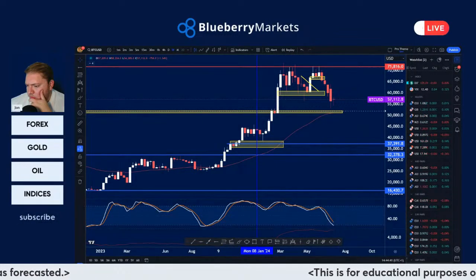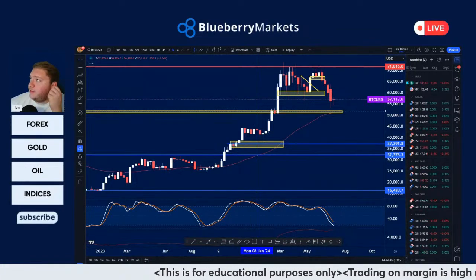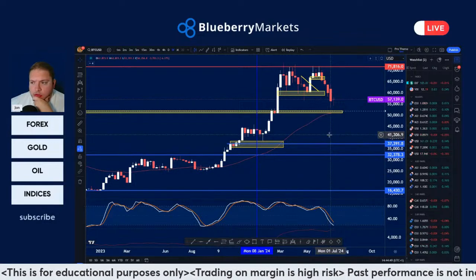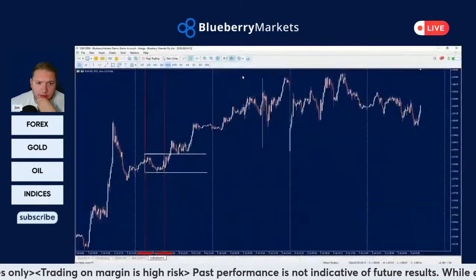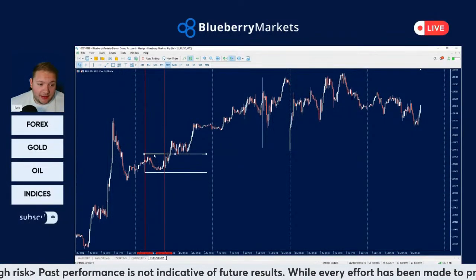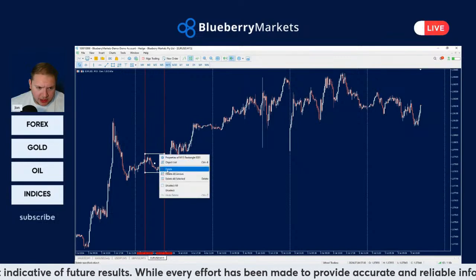Where's the MT5? Is this the MT5? Let me just see if I can bring it up for you so I can show you that you can get volume profile on MetaTrader 5. It's just really clunky. And if I start this up, you might hear my computer start going like a jet engine.